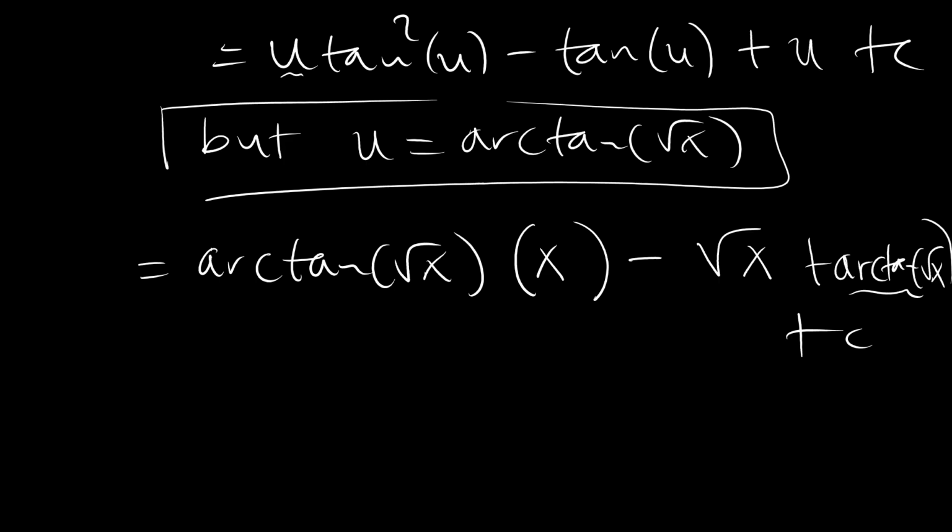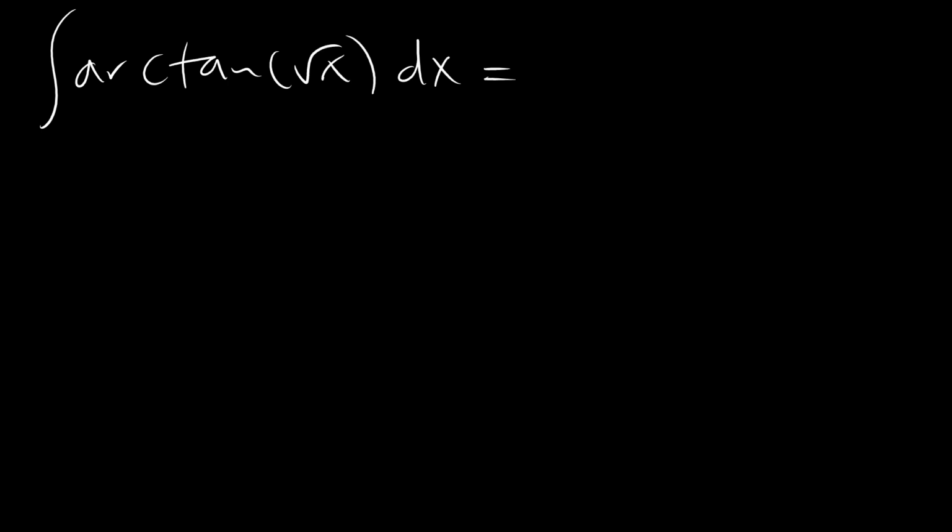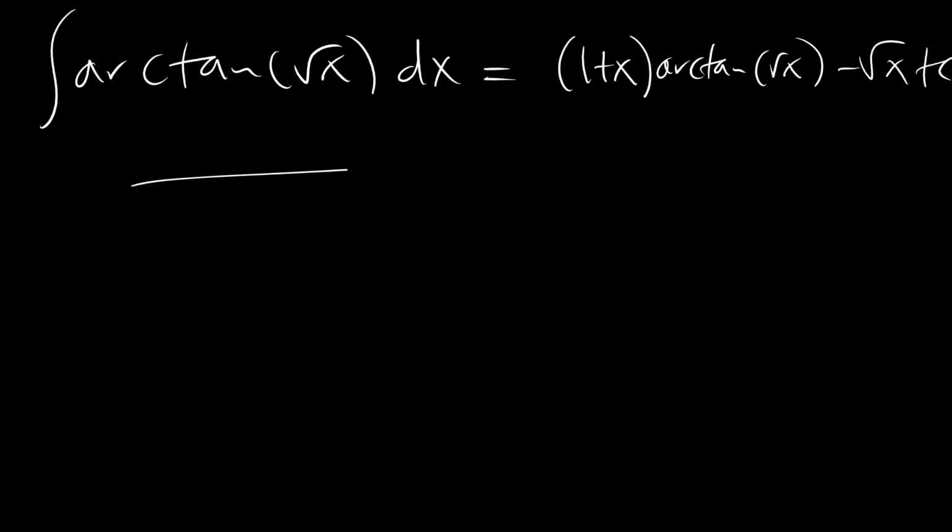Now pull everything out, we have 1 plus x times arctangent of the square root of x minus square root of x plus the integration constant c. And that, ladies and gentlemen, is our answer.